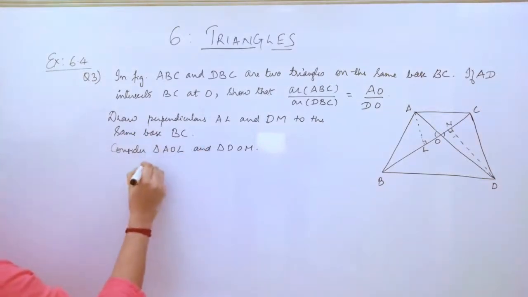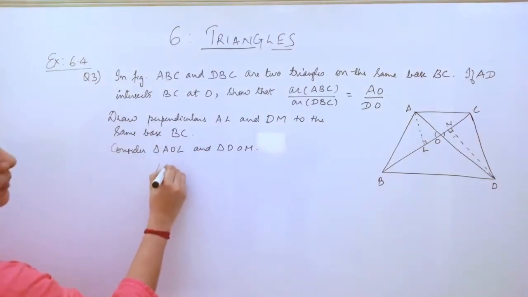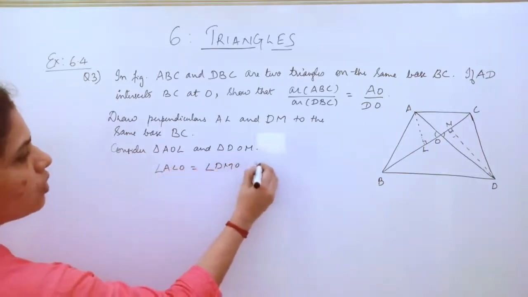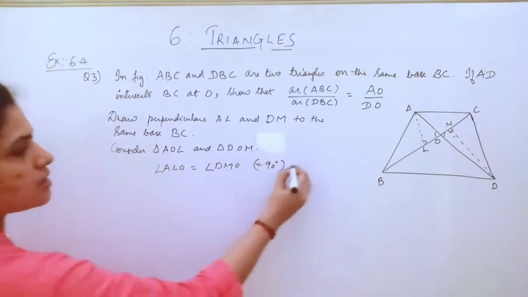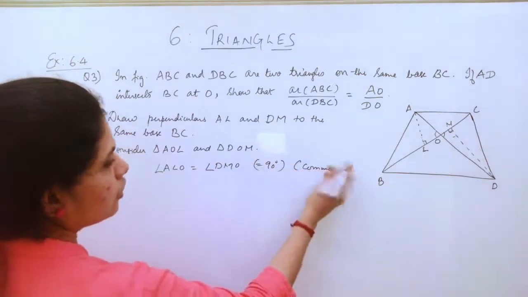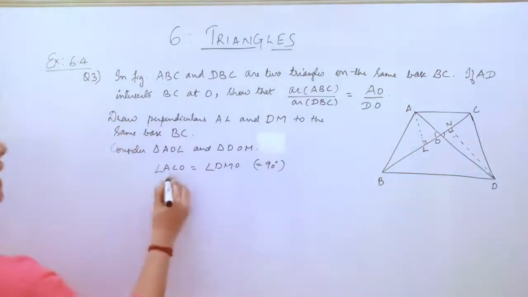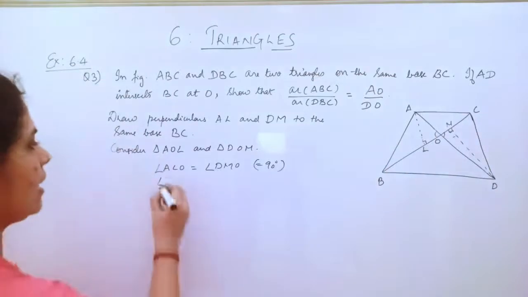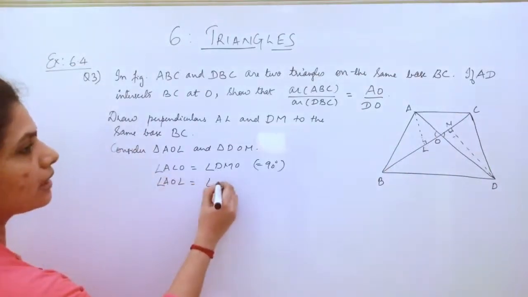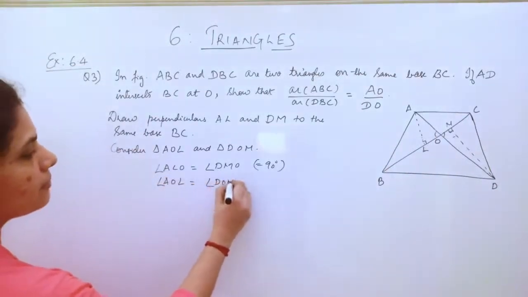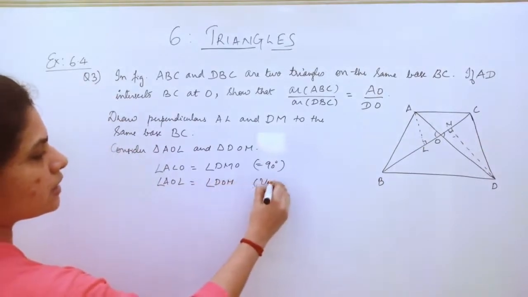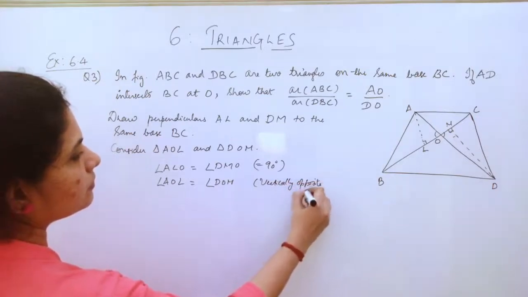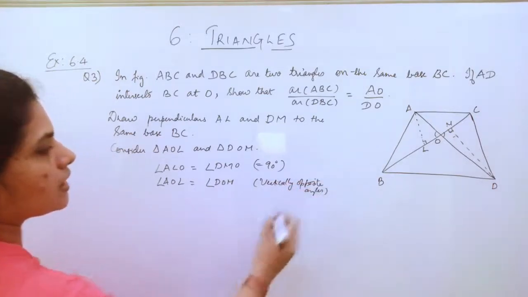So what are the concepts? We have angle ALO is equal to angle DMO, both are 90 degree. So you can just say the reason is common angle, not common, both have the same value. Okay, and angle AOL is equal to angle DOM, the reason is vertically opposite angles.